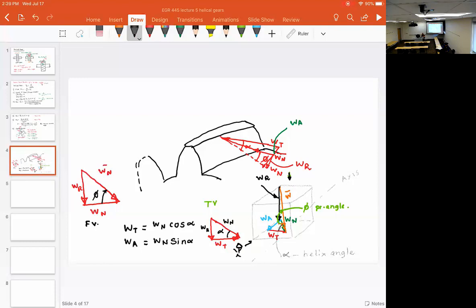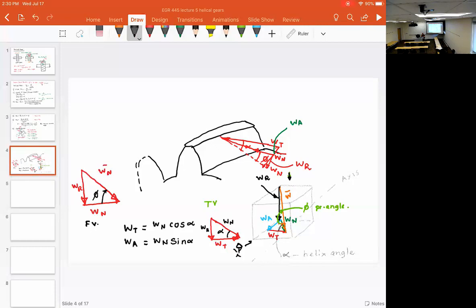Wa is actually not going to bend the shaft, but it is going to bend the gear. So Wa will give you an axial force that will be towards the bearing, and Wr is going to bend the shaft in the vertical direction, in the vertical plane.